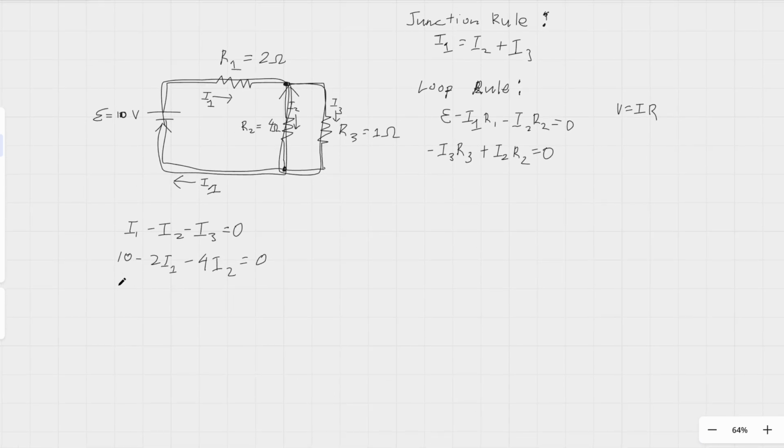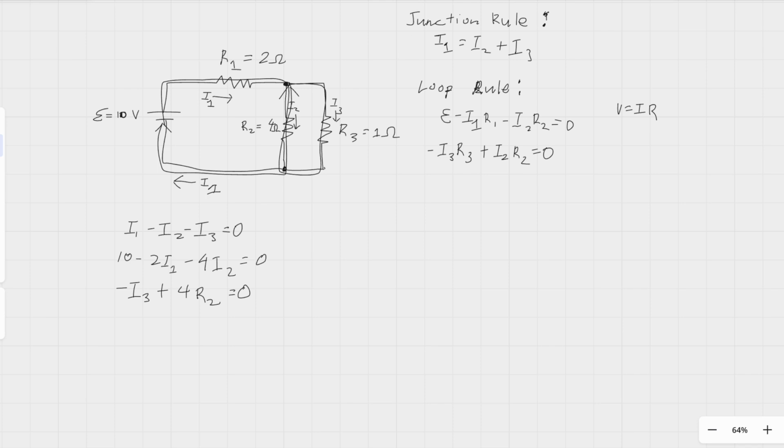The third one, we can do R3 is 1, so just negative I3 equals 2, plus 4R2 equals 0.